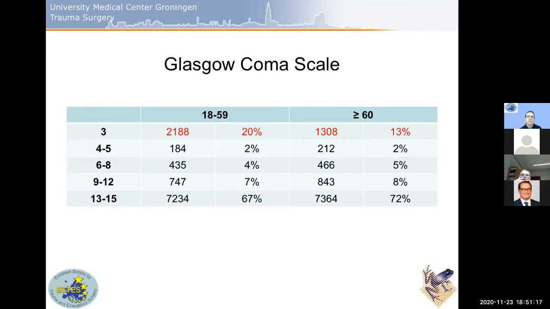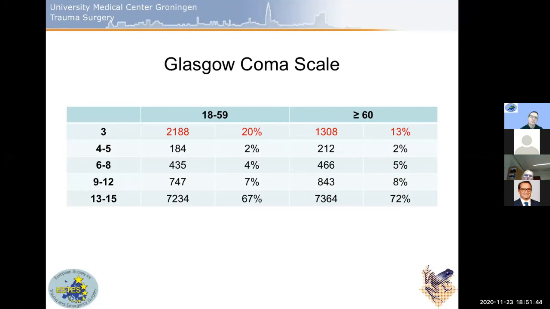In the younger group, 20% have a Glasgow Coma Scale of 3, the lowest one, and only 13% in the older group. So you can say, what's the problem with head injury? But only this is registered at the shock room. So the lowest Glasgow Coma Scale is in the youngest group.